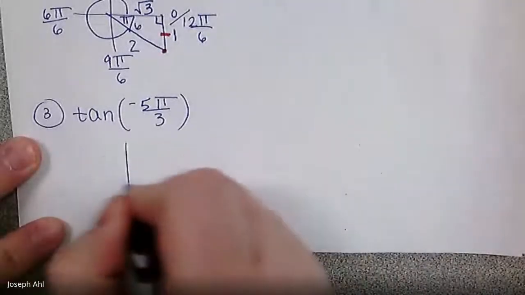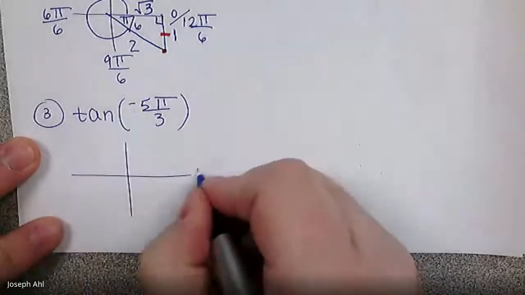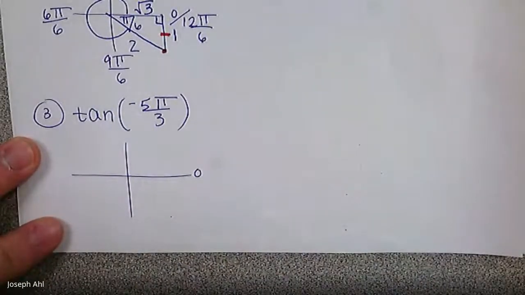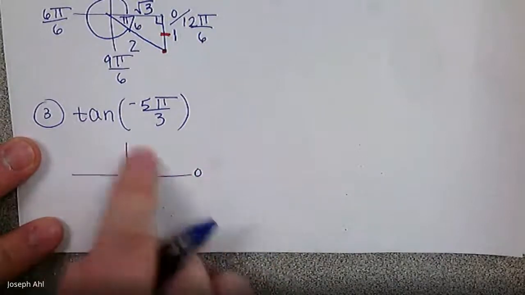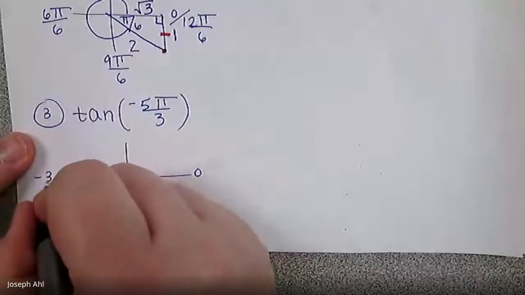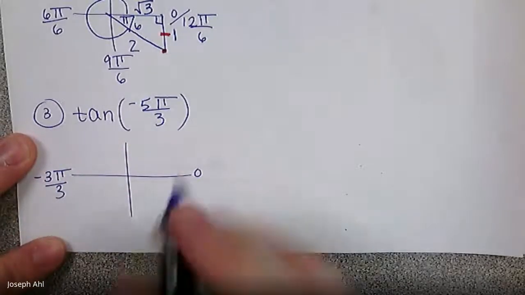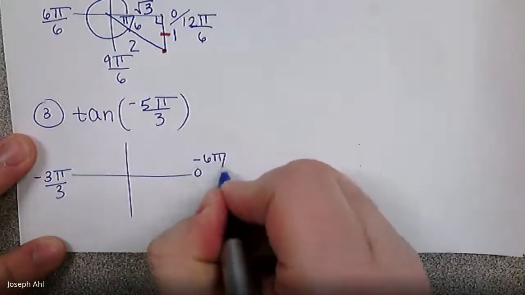So to sketch this angle, just be careful that you're in the correct quadrant when we're sketching a negative angle. Okay. So we still start in the same spot, but negative means rotate around clockwise. So when I go halfway around at pi, I'm going to write this as negative 3 pi over 3. And then full circle is negative 6 pi over 3.